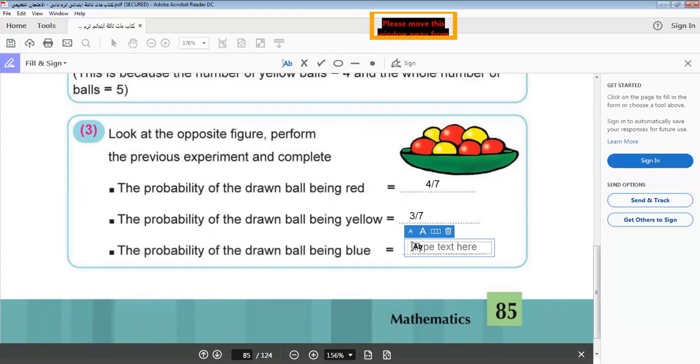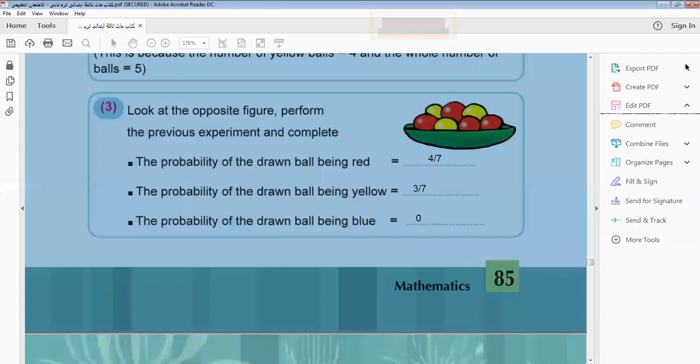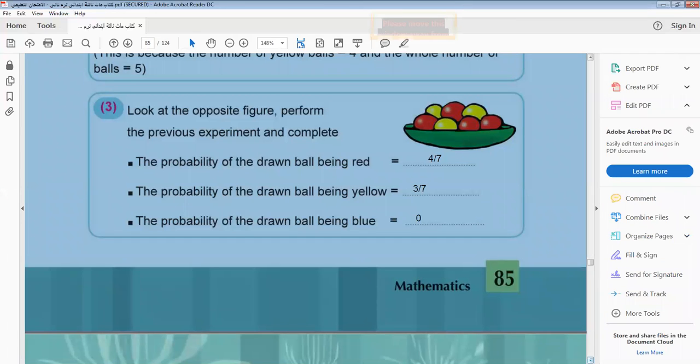The probability of the drawn ball being blue: none, so I will write 0, because I don't have any blue ball here. That's question number 3 in page 85.